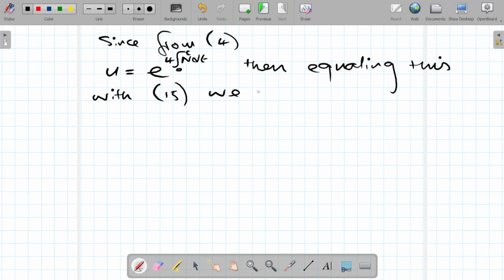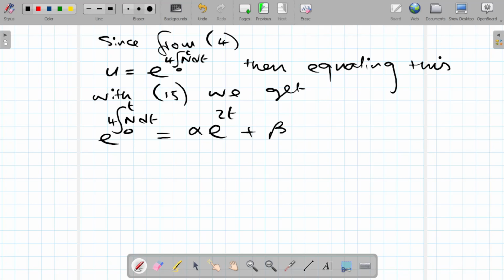We get e to the power of 4 times the integral of n dt, the limits are 0 to t, and that's equal to alpha e to the 2t plus beta e to the 6t, right?